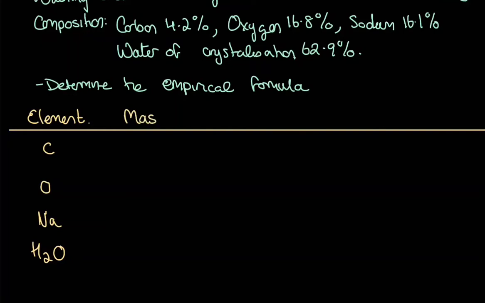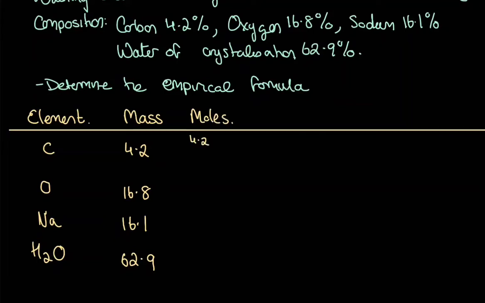Remember, if it's a percentage and we have a sample of it, we can convert it straight to mass. If we're assuming the sample has 100 grams, all of those percentages can turn straight into grams. And we know we measure things using moles.